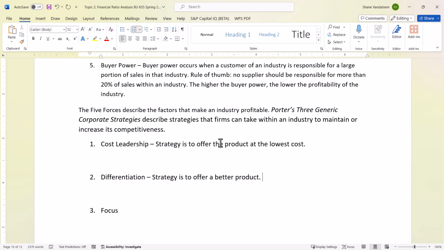So a good example of the difference between cost leadership and differentiation is when you go to buy milk. If you're like most people, if I were to ask you, you go to the store to buy 1% milk, let's say, how are you going to make your decision? There's more than one option up there.